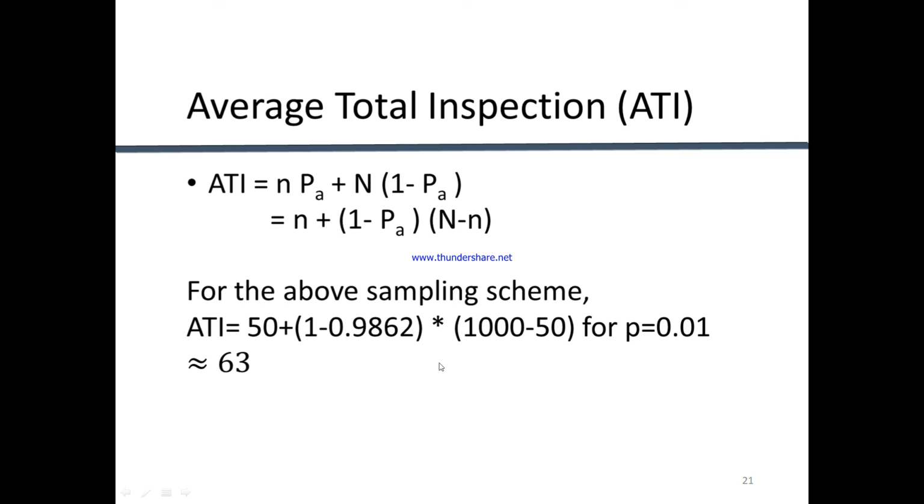So in that case, if you substitute these values, you'll get the answer as 63. That is, for this particular process, on average, we have to inspect 63 items.